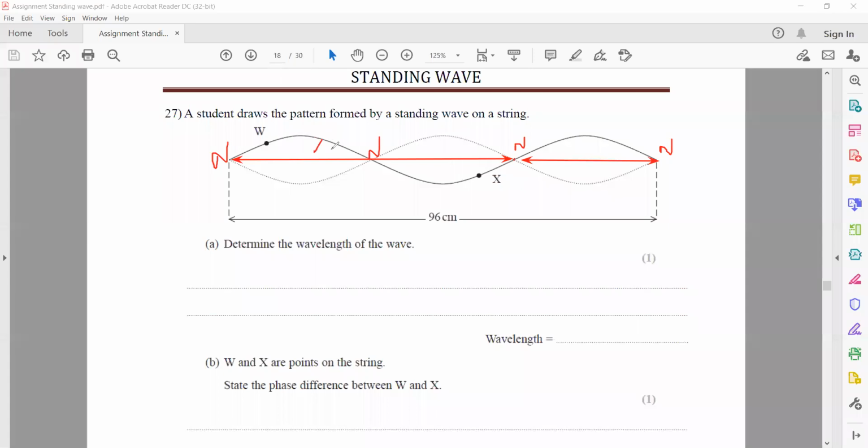So it is lambda plus lambda by 2, or 1.5 lambda. So 1.5 lambda is equal to 96 centimeter. So lambda is 96 divided by 1.5, that is equal to 64 centimeter. Is it clear?